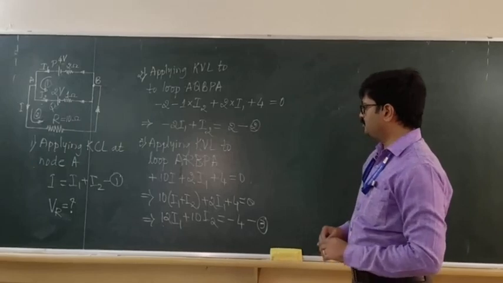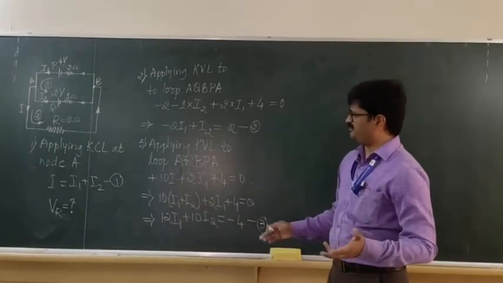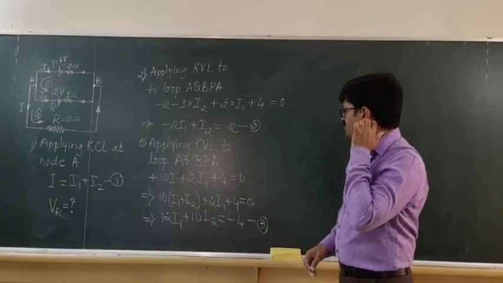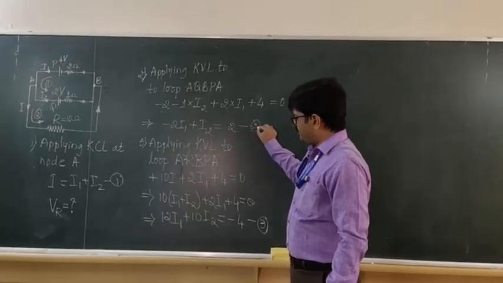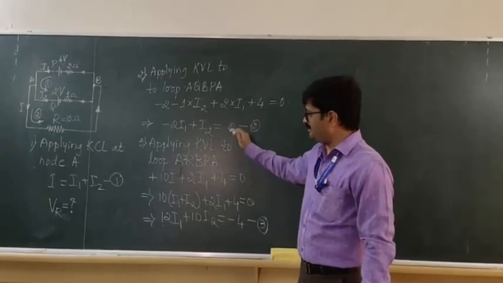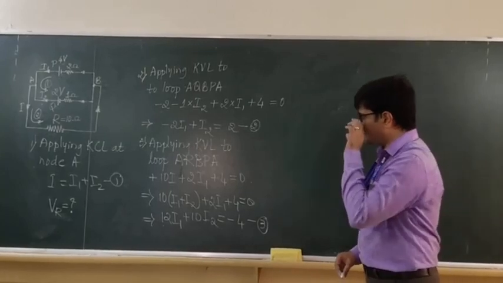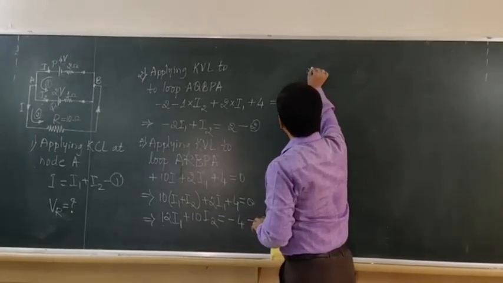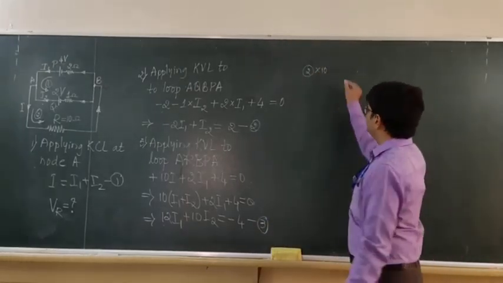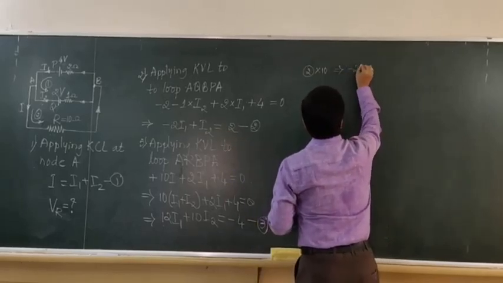Now if we want, we can take 2 as common here, but we need not do that. We will directly solve these two. If you observe the second equation, if I multiply it and then add, I will be in a position to solve these two equations simultaneously.